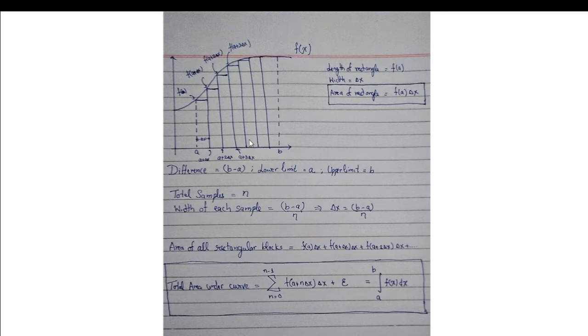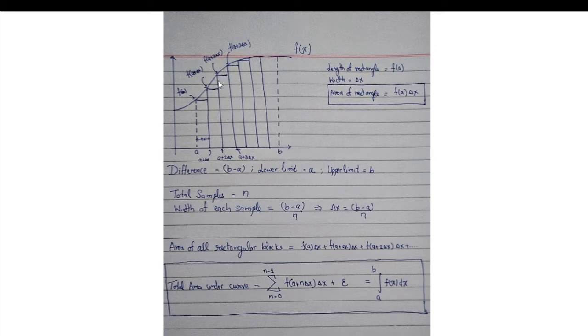So this is basically the meaning of integration, but actually, if you know first principles, we can divide this whole curve into many smaller rectangular blocks. You can see here I have done the same thing.